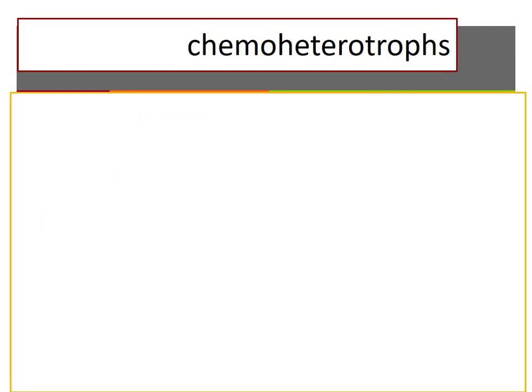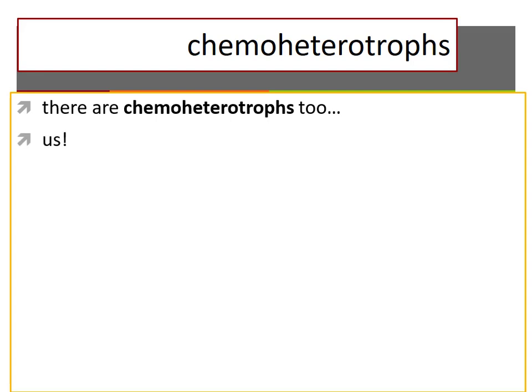Next up is chemoheterotrophs. Where do they get their organic carbon? Are they going to make it themselves, or are they going to get it outside their body? Outside their body, hetero, outside. And how are they going to get their energy? They're going to get it from breaking chemical bonds. So we are chemoheterotrophs.